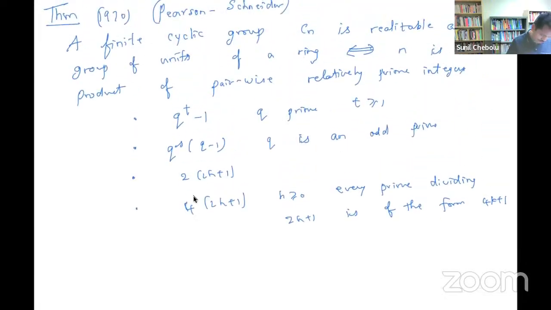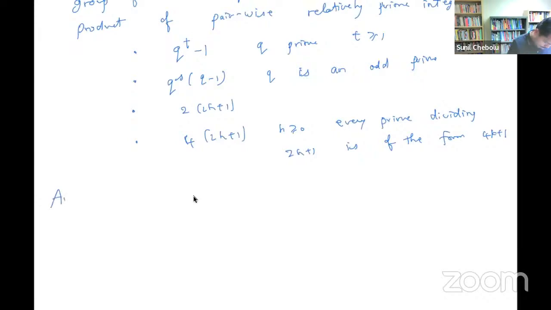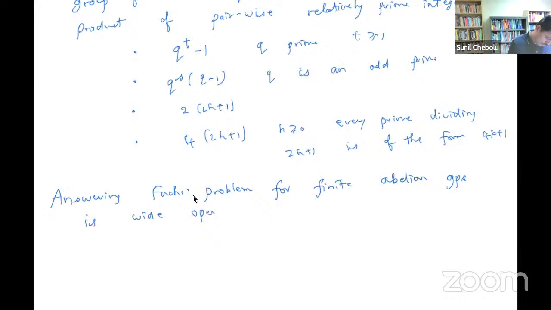So answering this question, the Fuchs problem for finite abelian groups, is wide open. In fact, to my knowledge, this is the hardest case.